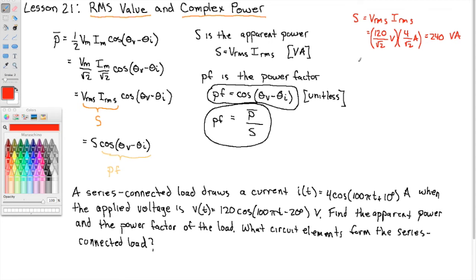Power factor, PF, is the cosine of the angle between the voltage and the current. So the voltage is minus 20 degrees. The current is plus 10 degrees. So we're going to get minus 10 degrees there. And if I do that calculation, I get 0.866.